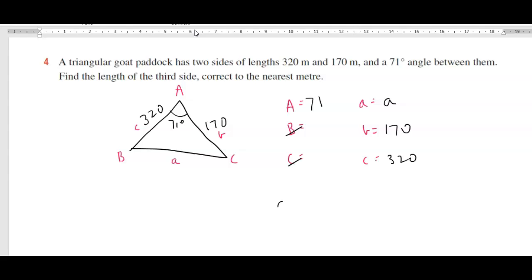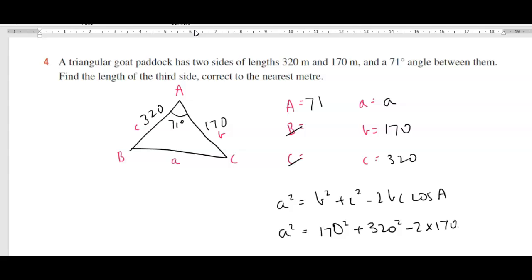So cosine rule, A squared equals B squared plus C squared minus 2BC cos A. So A squared equals 170 squared plus 320 squared minus 2 times 170 times 320 times cos 71.